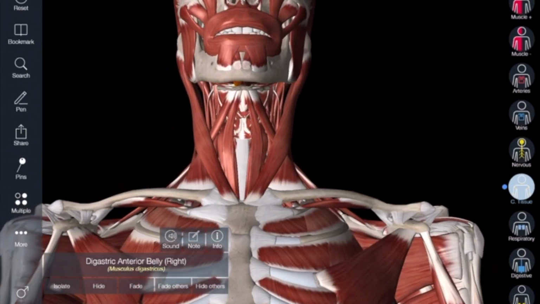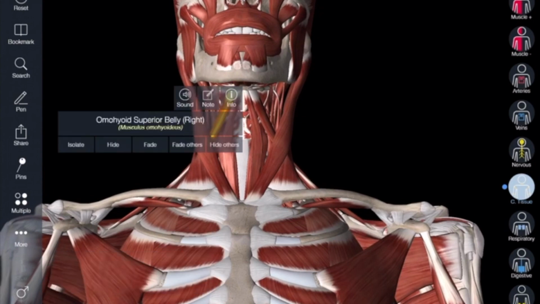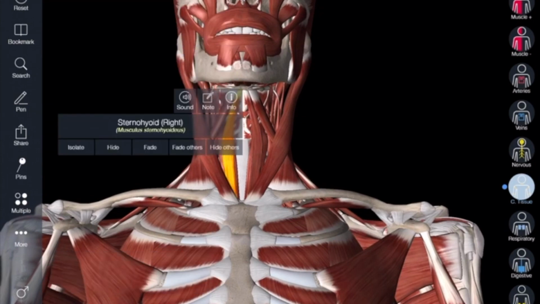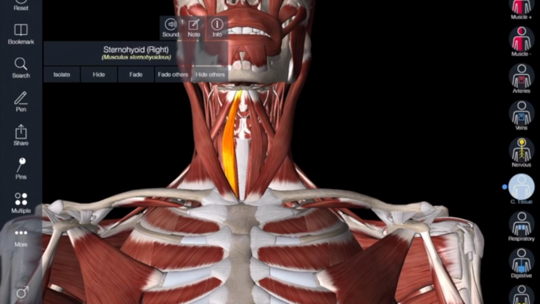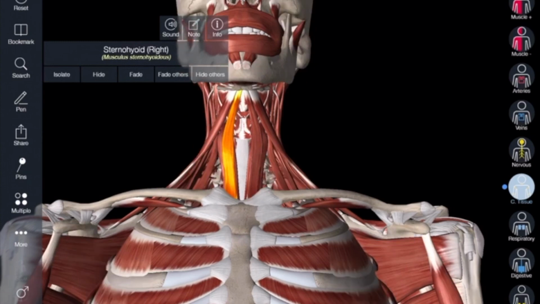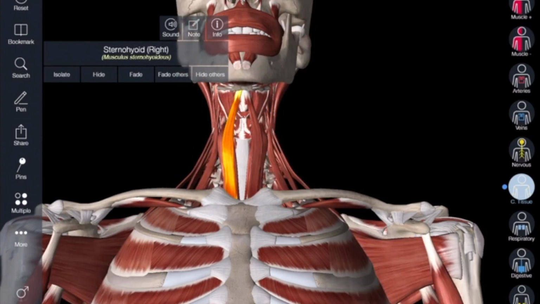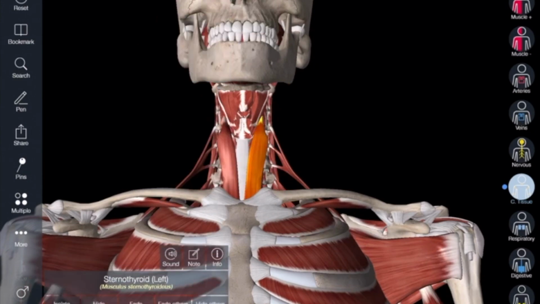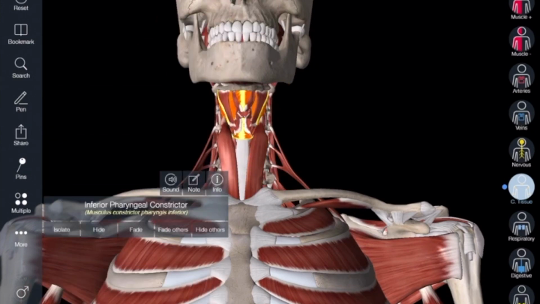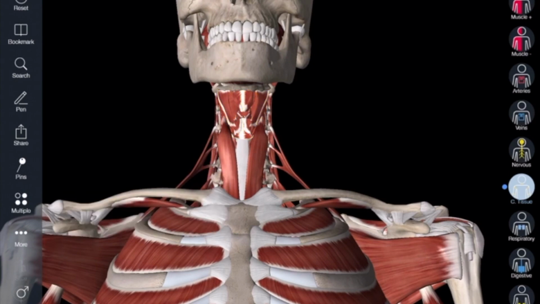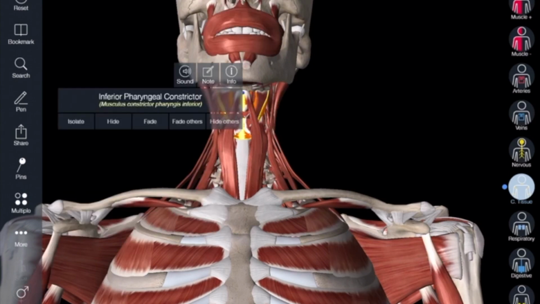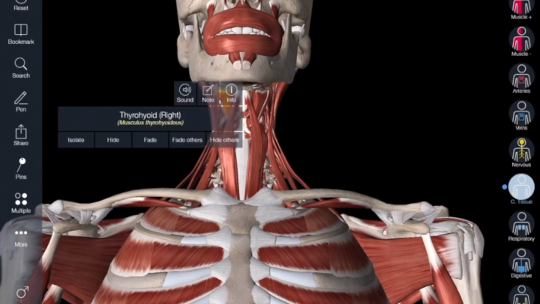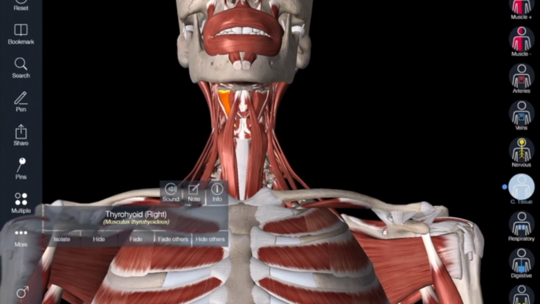And we talked about the 4 infrahyoids, omohyoid and sternohyoid, and deep to that is sternothyroid, and thyrohyoid. Those are our 4 infrahyoid muscles.